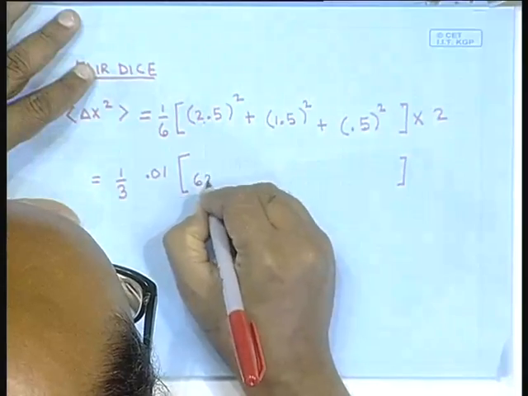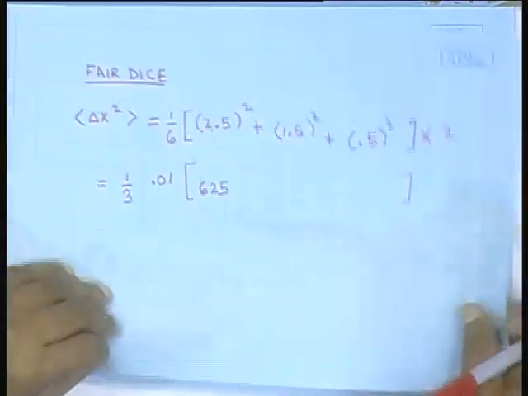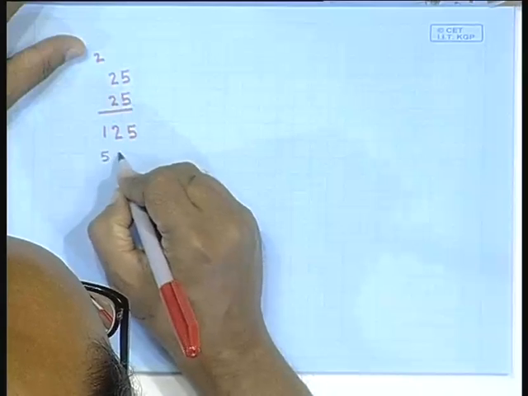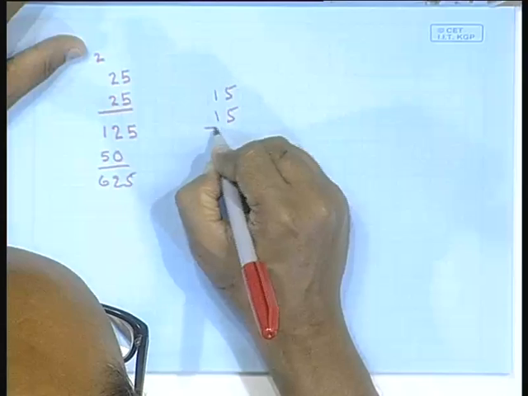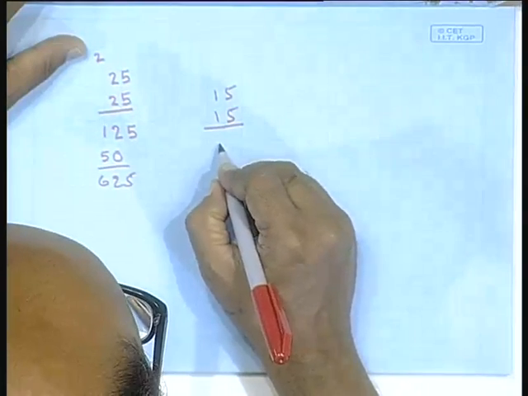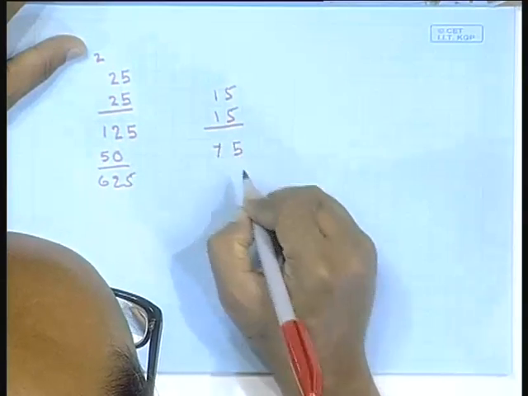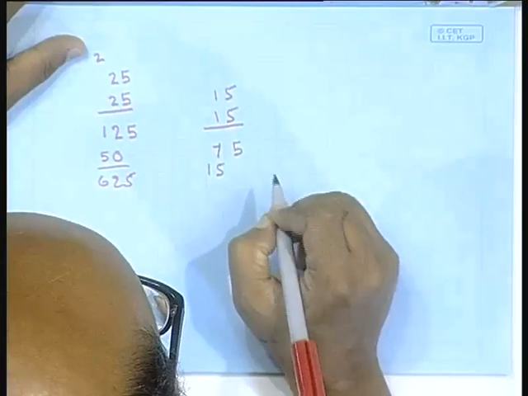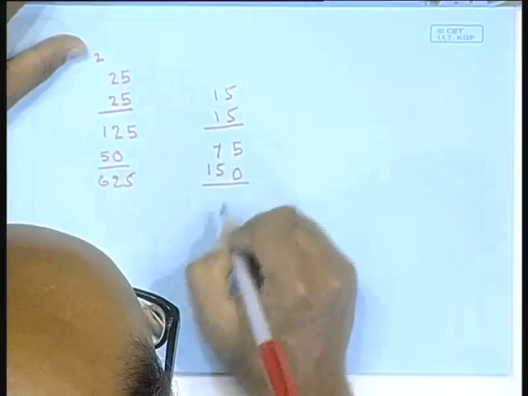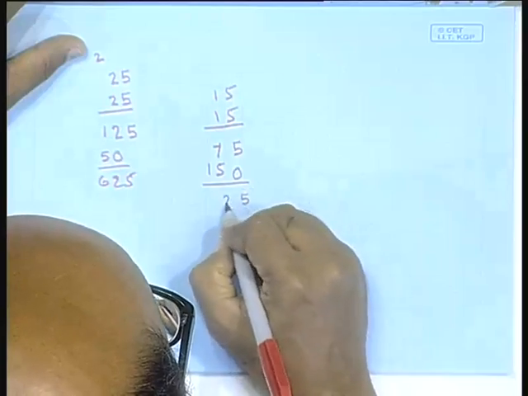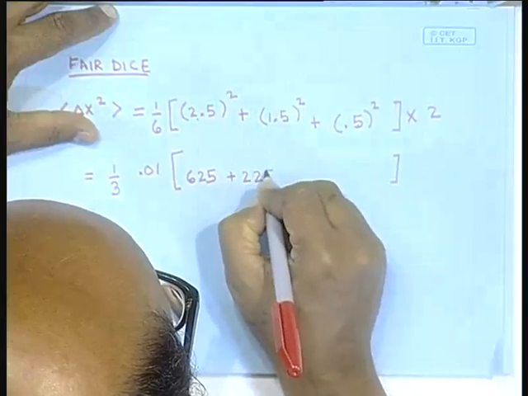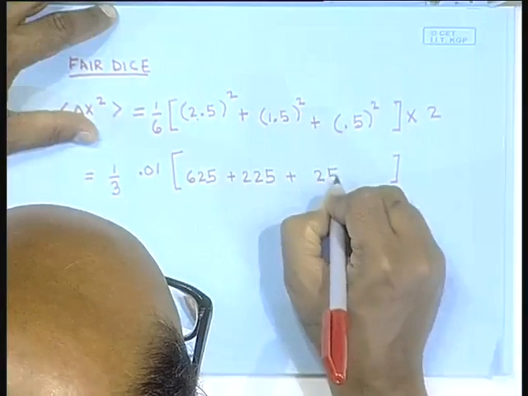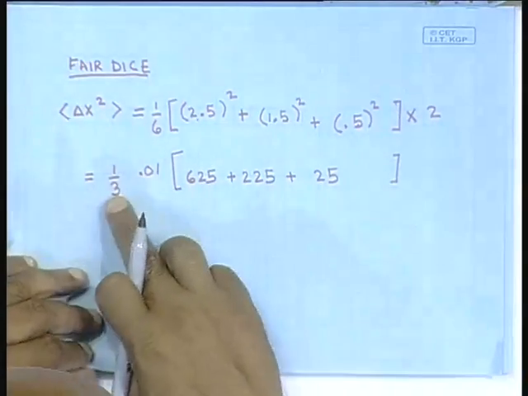Then 15 squared gives me 225, and then 5 squared is 25, and this whole thing into 0.01 by 3.